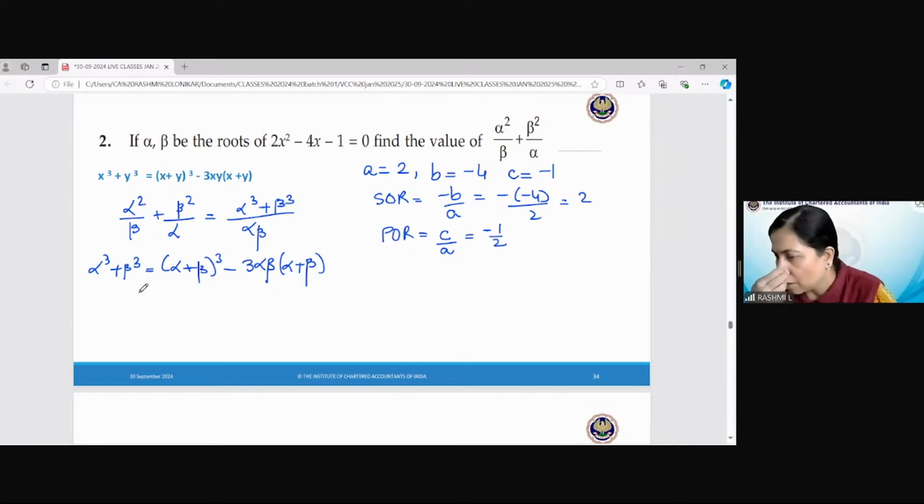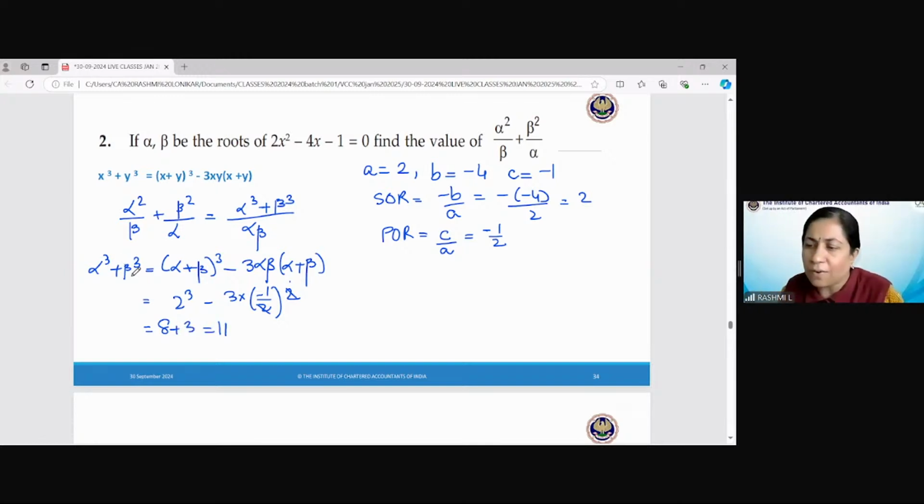So (alpha plus beta) whole cube is 2 cube minus 3 into minus 1 by 2, and alpha plus beta is 2. So this 2 will get cancelled. This is 8 plus 3, which is equal to 11. So alpha cube plus beta cube is 11.